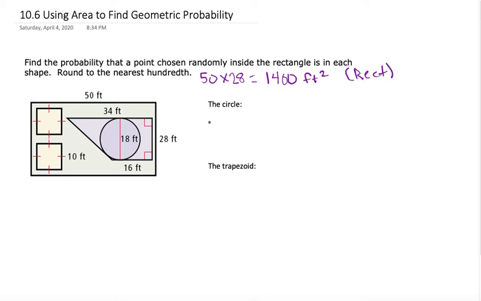Then we need to find the area of the circle, and then we'll divide it by the area of the rectangle. So the area of the circle, we need the radius, so that's 9 because the diameter is 18. So radius squared, 9 squared is 81 pi. And then we'll just divide that by 1,400. And I get about 0.18.